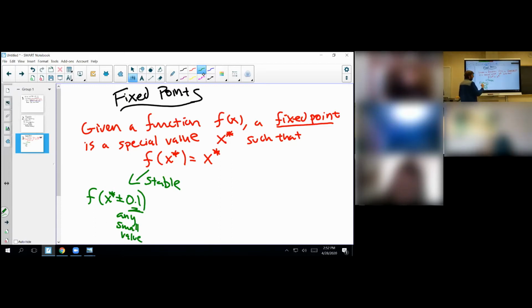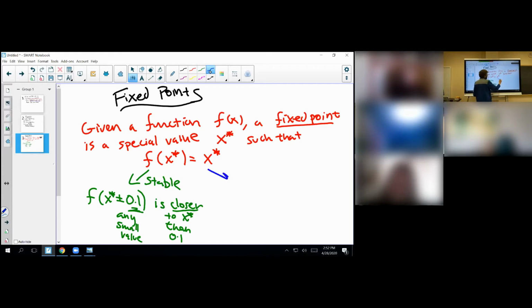So if this is closer to x star than 0.1, then it's stable. So this is indicating that you're getting closer to the value over time.